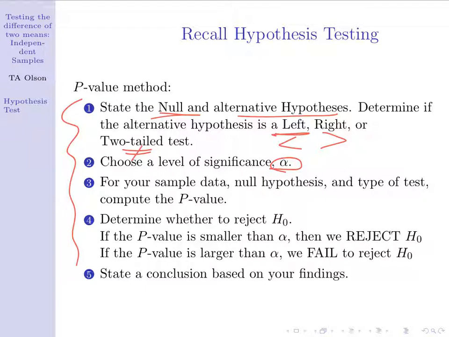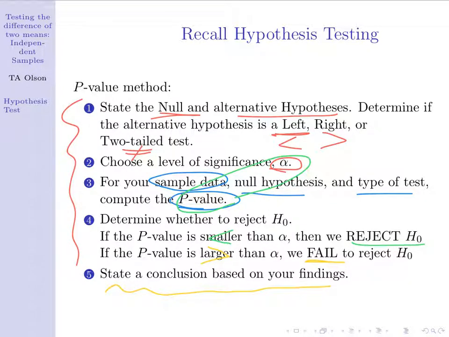We're going to calculate a p-value for our null hypothesis and type of test using our sample data. And depending upon the relationship between our p-value and our alpha, we're going to reject our null hypothesis if our p-value is smaller than alpha, and we're going to fail to reject if our p-value is larger. And then we're going to state a conclusion based on our findings.